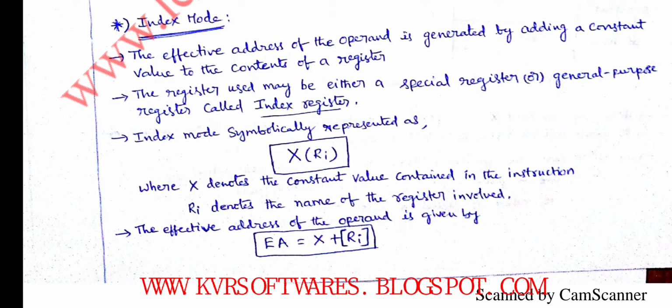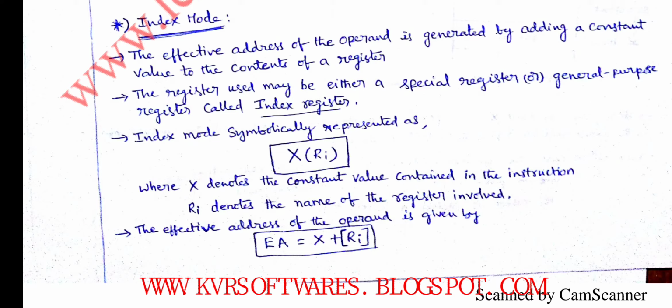See, the register used may be either a special register or a general purpose register. That is called the index register. Index mode is symbolically represented as X(Ri), where X denotes the constant value contained in the instruction, and Ri denotes the name of the register involved.